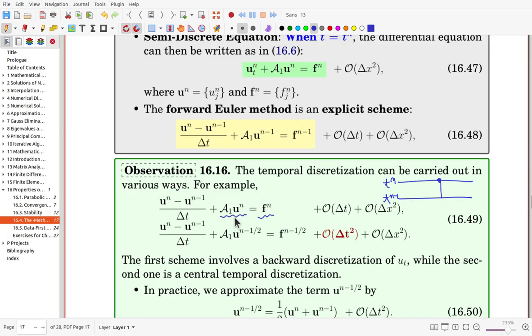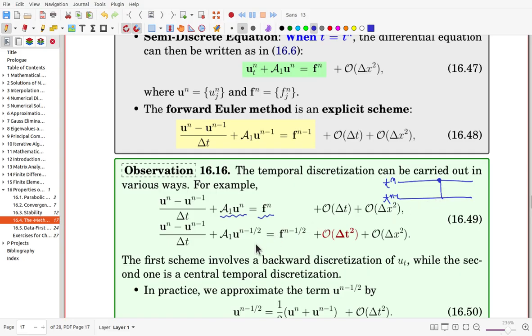The basic level is the nth time level, and this approximation is backward. Once we look at this level, it is upstream, so the difference is a backward difference.